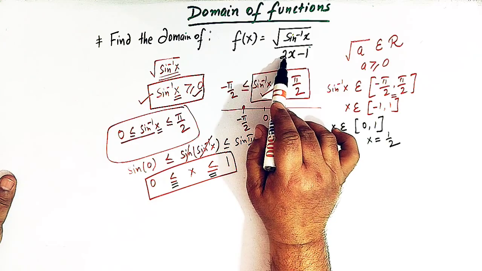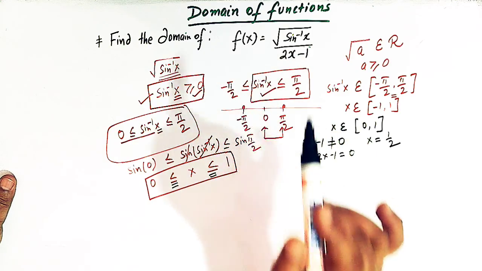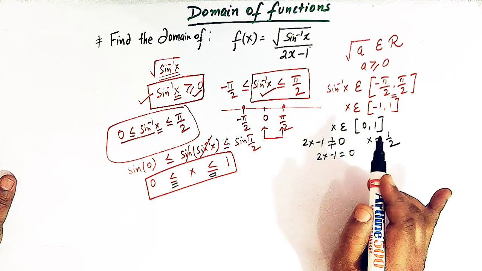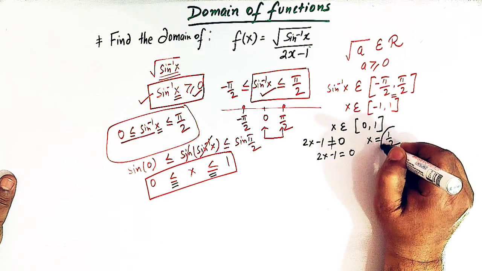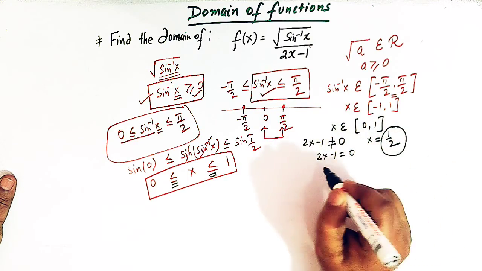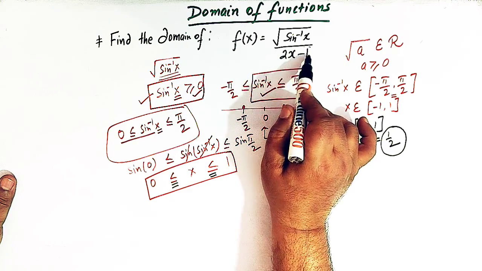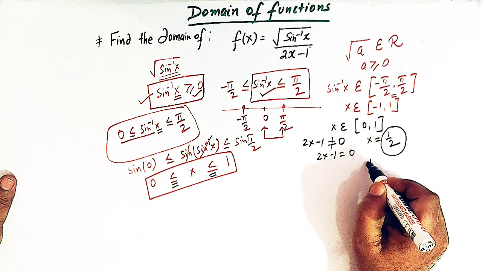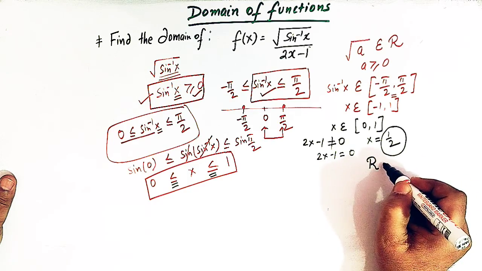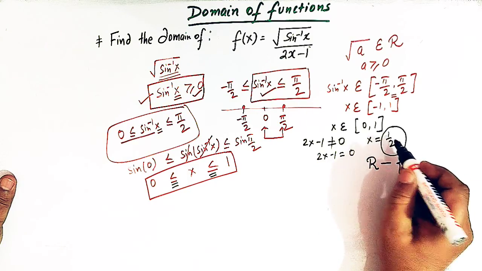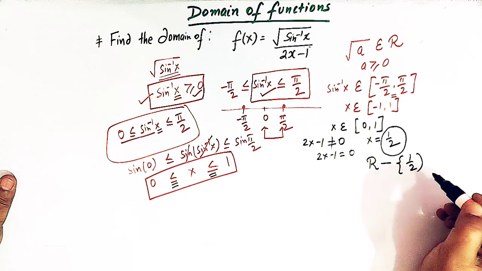So the expression 2x minus 1 is valid for all real numbers except x is equal to half. So the domain of 2x minus 1 which is in the denominator is all real numbers except this value, that is half, right?